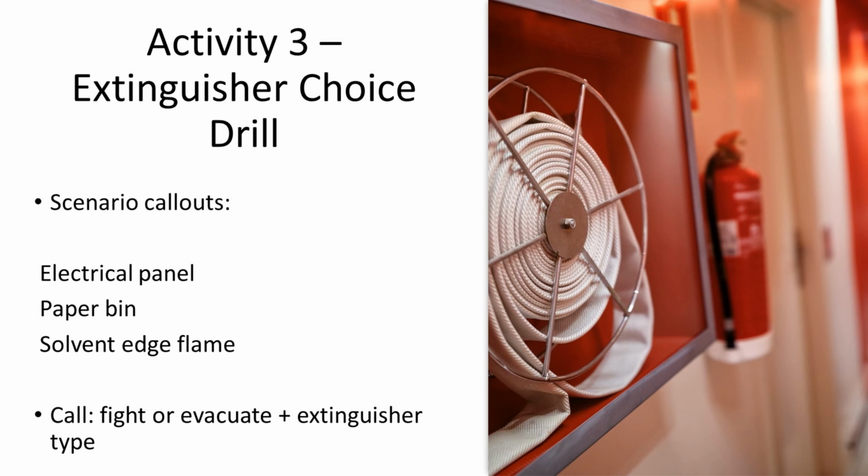You will call out whether you would attempt to extinguish or evacuate, and which extinguisher type would be appropriate if it is safe to attempt. 1. Small electrical panel sparking with light smoke. 2. Small bin fire with paper and cardboard. 3. Solvent spill that has ignited at the edge of a tray. Remember, if in doubt or if it is not safe, evacuate.